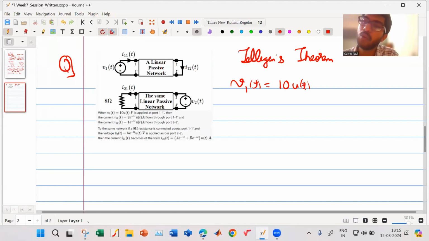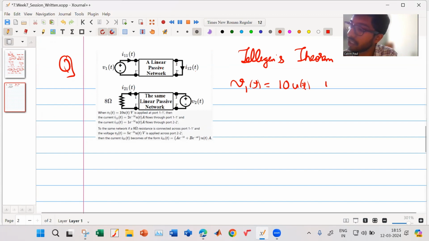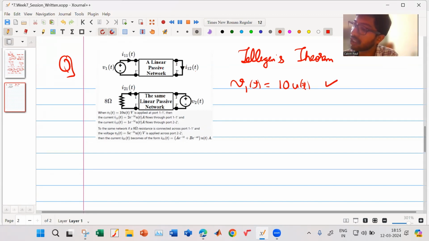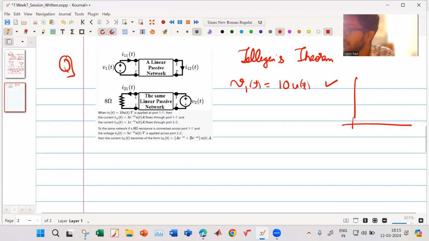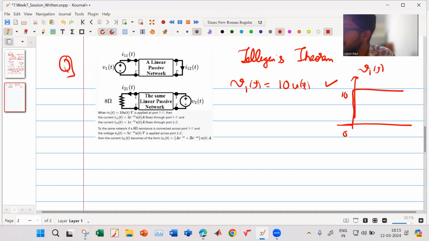Can anyone tell me how this function will look as an actual symbol in your network? It is a unit step function. If you draw it, it will look something like this. This is your V1 of t, this is your time.